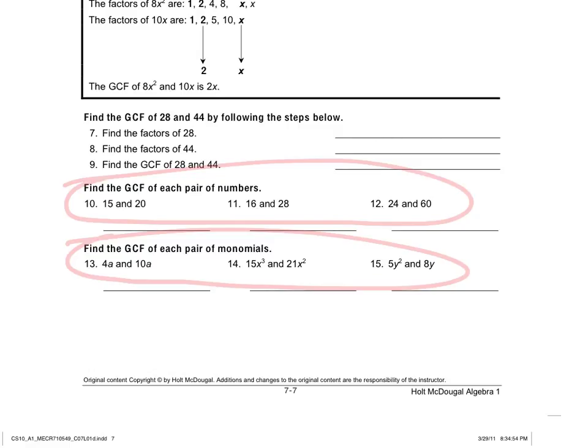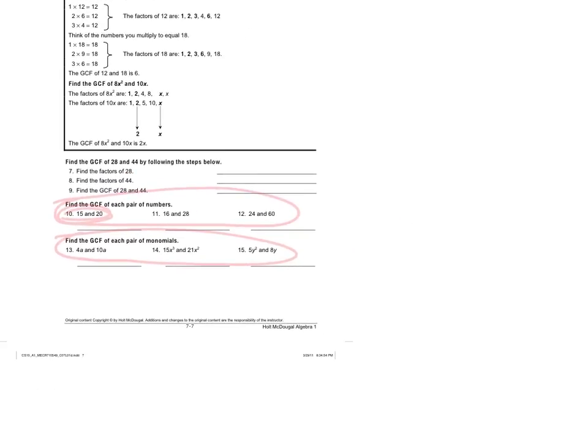So for number 10, the greatest common factor between 15 and 20, okay, is going to be 5. Now you can either do a tree or you can do a list. Some of you have gotten very good at this and you can just look at it and know what it is, and that's fine.